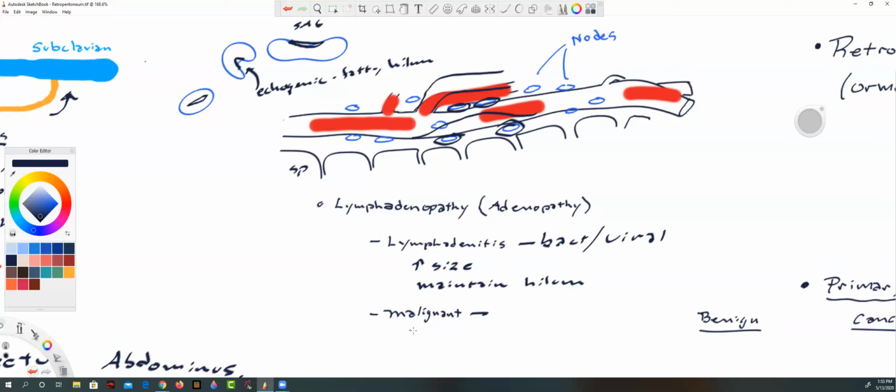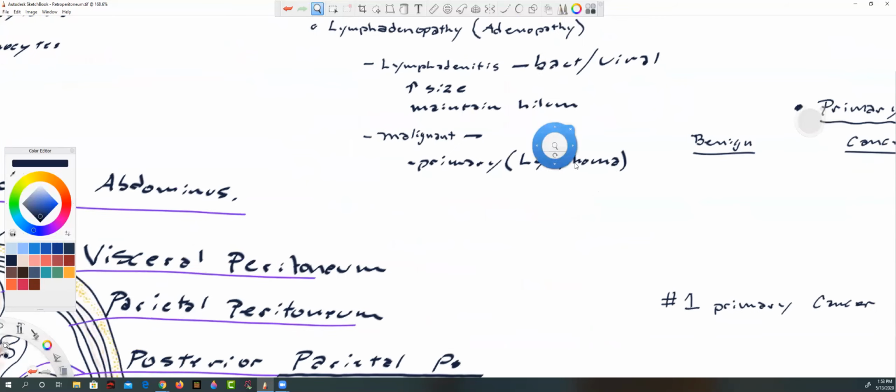Primary malignant, like lymphoma. Malignant primary lymphoma, that is, they are going to turn round.